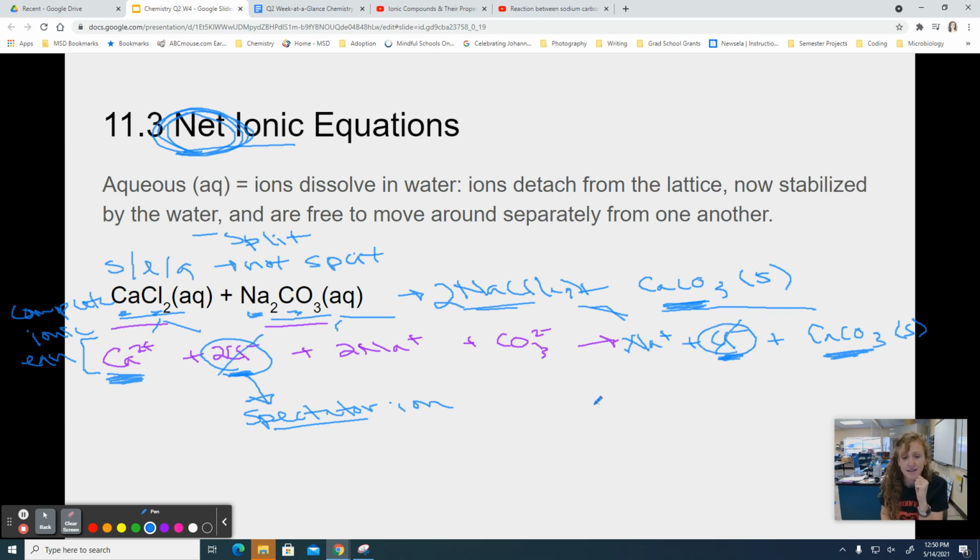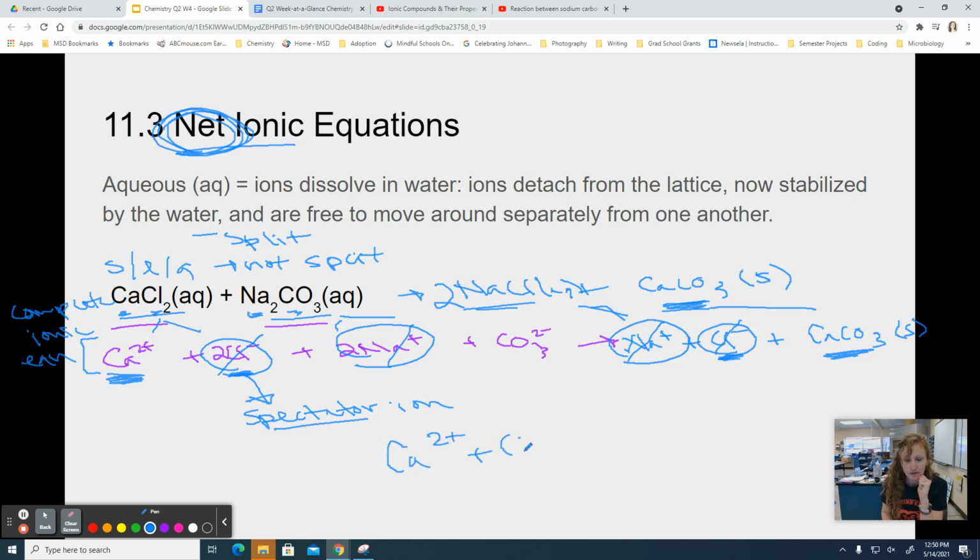Can you find a second spectator ion? This would be a good time to pause and see if you can find a spectator ion. And the answer is sodium. Sodium is your other spectator. It's an ion on one side, it's an ion on the other side. So I'm going to remove the spectator ions and write what I'm left with.